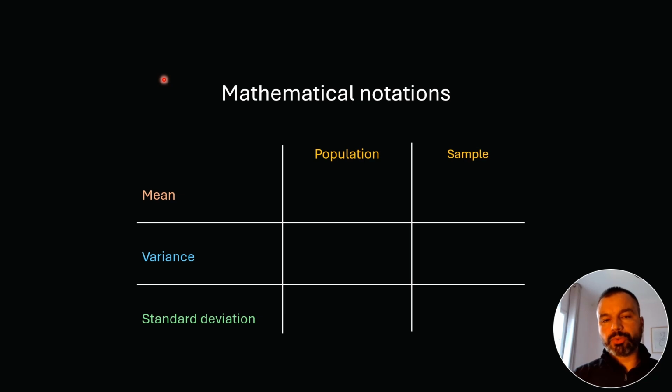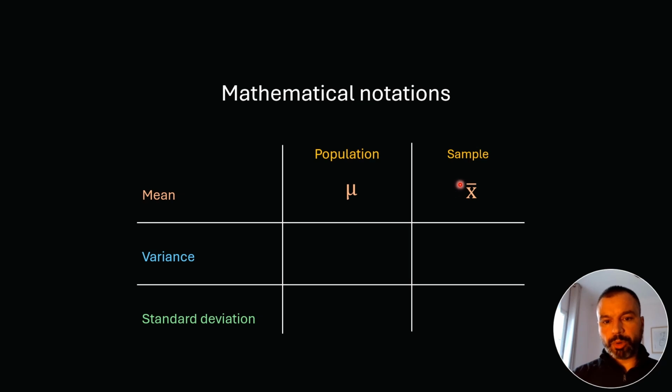And finally, a quick review of mathematical notations for the mean, the variance, and the standard deviation. These notations will differ depending on whether we are talking about the population or a sample. The mean of a population is usually denoted by mu, the Greek letter mu, whereas the mean of a sample is denoted by x bar.